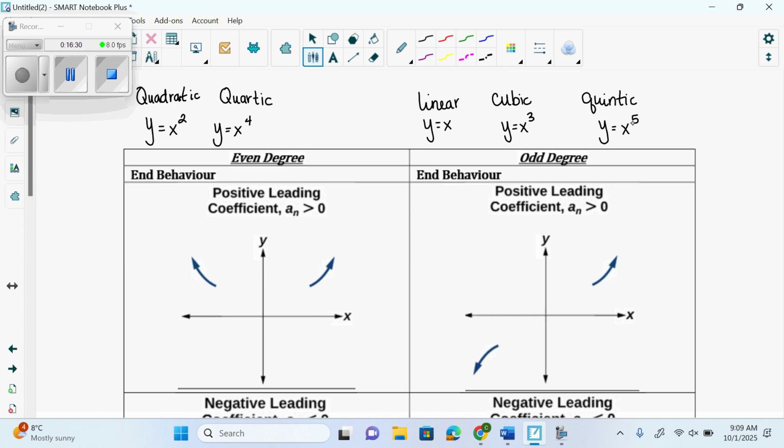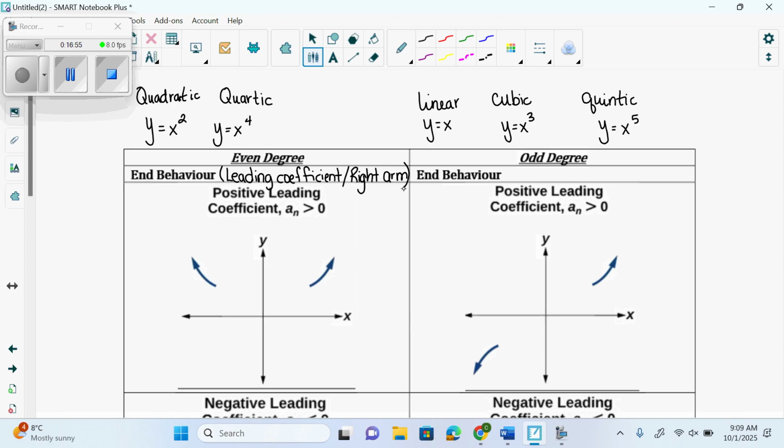Okay, our end behavior is based off of the leading coefficient and the right arm. The leading coefficient is what leads the equation.